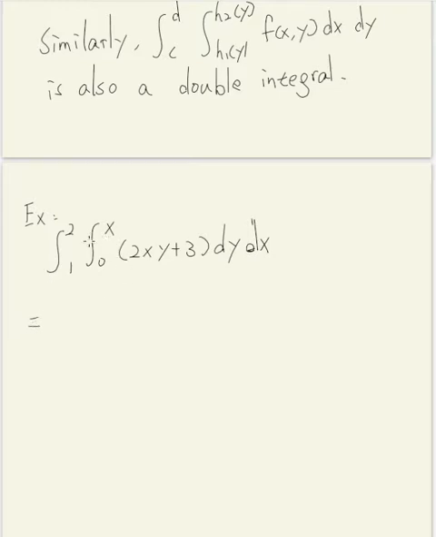Okay, so we compute the inner integral first and leave the outer one as it is, so 1 to 2 and then dx. The inner one, when integrated with respect to y, x is a constant, therefore we get xy squared plus 3y. And this is evaluated from 0 to x.